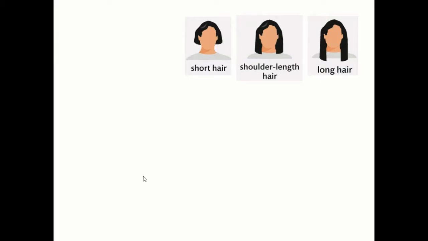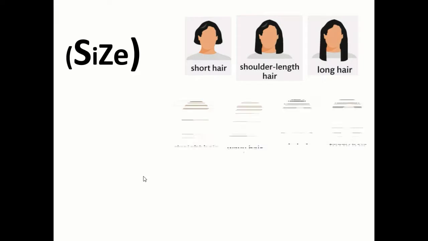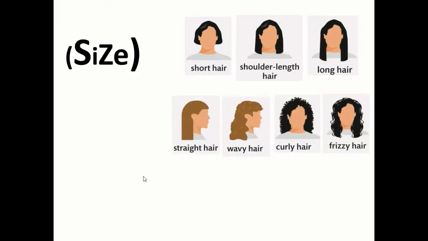Let's just mention some of the basics here. Short, shoulder length, and long are adjectives to describe the size of the hair. Straight, wavy, curly, and frizzy are adjectives to describe the shape of the hair.